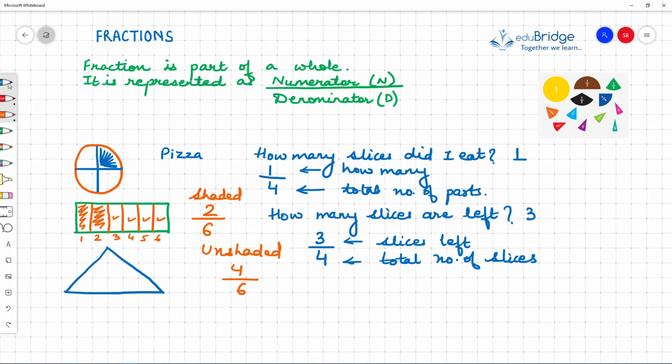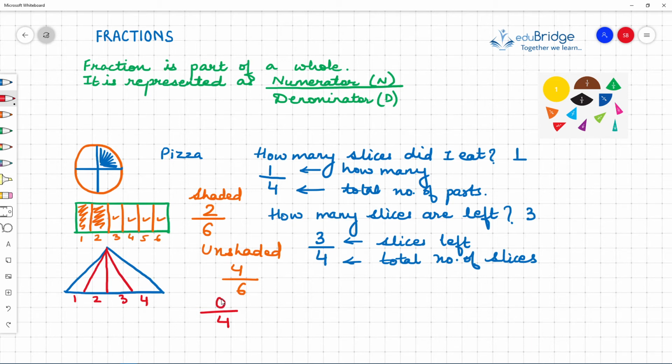Let's take another example now. A triangle, and I'm going to split it into, let's say, how many parts do we have? 1, 2, 3, 4. So the total number of parts is 4. How many parts are shaded here? As we can see, there is no part which is shaded.